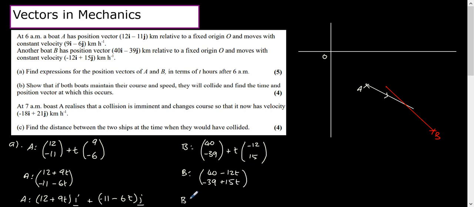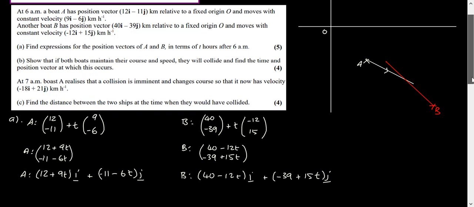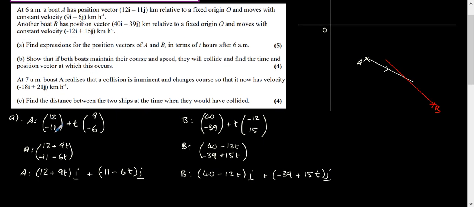So our position vector of B in terms of i's and j's is 40 minus 12t i plus minus 39 plus 15t j. So those are our position vectors for A and B. And just to quickly recap, it's about the starting point plus the direction that it moves multiplied by the number of hours that it moves for. All right.